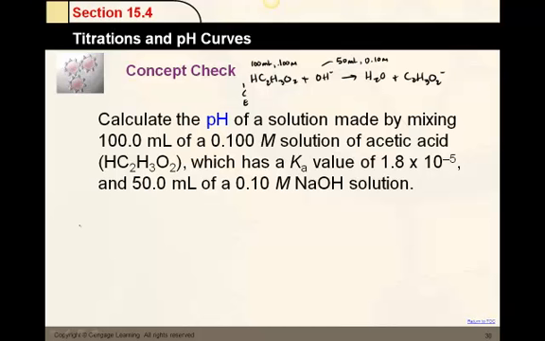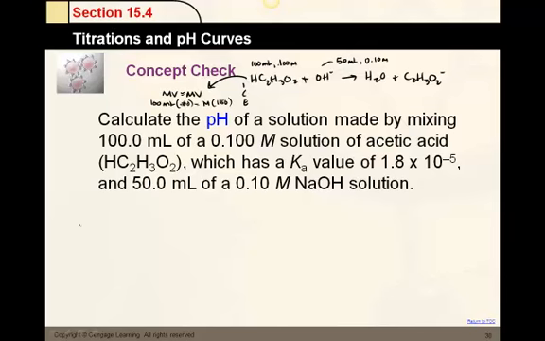So in the beginning, when they're mixed just initially, the molarity of the two solutions that they give you in the question do not remain the same. They actually decrease. For example, for this one, we're going to use MV equals MV. In other words, if I have 100 milliliters of a 0.100 molar solution, what's the molarity going to become in 150 milliliters? Because I'm diluting it a bit.